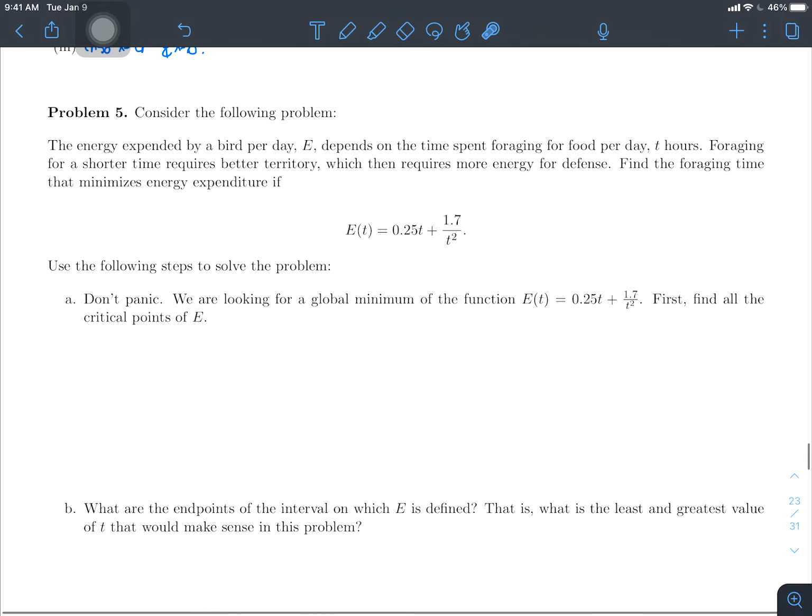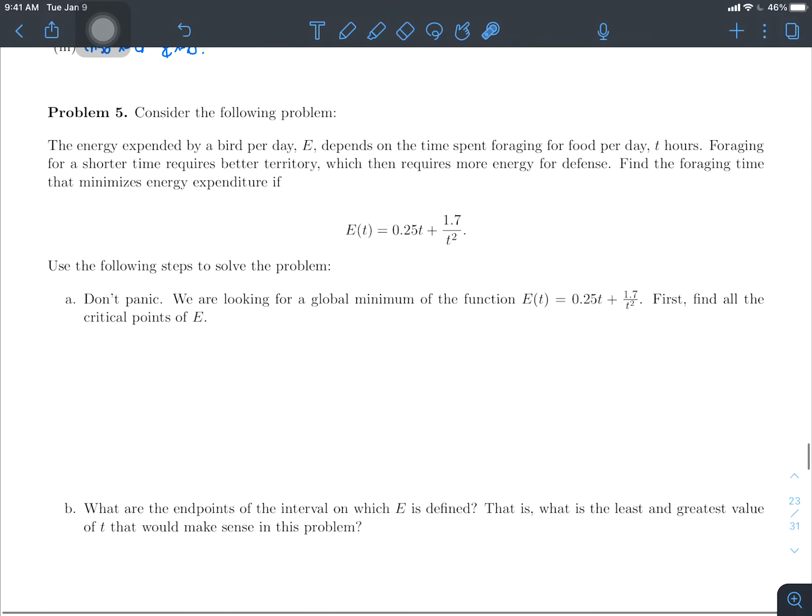Sounds simple enough. So really what we're trying to do is take this function and find the global minimum on TBD. So the first step is we are looking for a global minimum of this function.